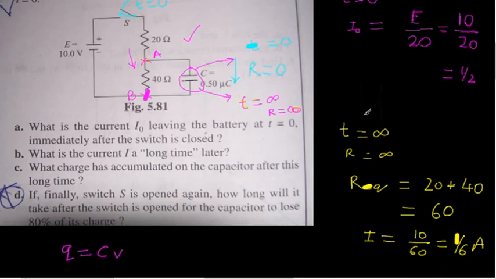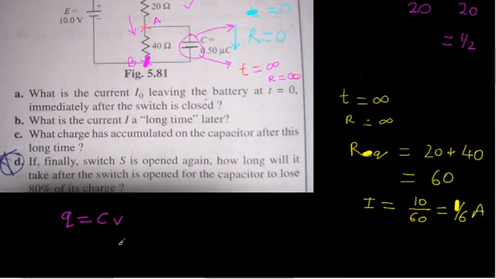Then you will get the value of V. The V at AB will be equal to the steady current, this I, into R. That is I is 1 by 6 into R, and R is 40.